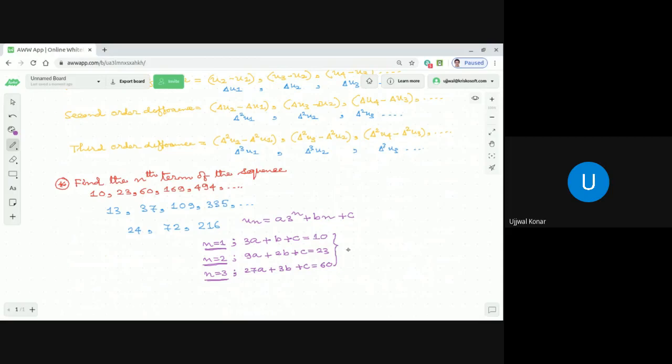If you solve it, could you please tell me what are the values of A, B, C you are getting? Sagnik, Devanshu, Disha, Srijita, anyone found the values?